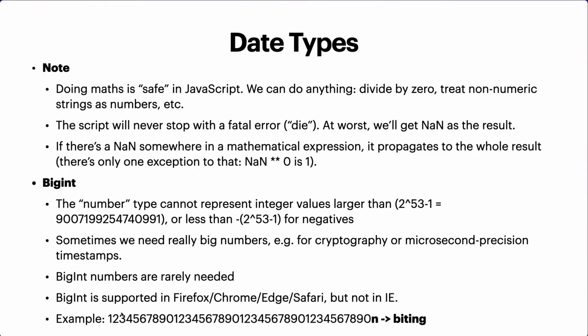If you have a number, at the end you just have to add an n, so it will make the number a BigInt. If you omit the last n from the number, then it will not be treated as a BigInt.